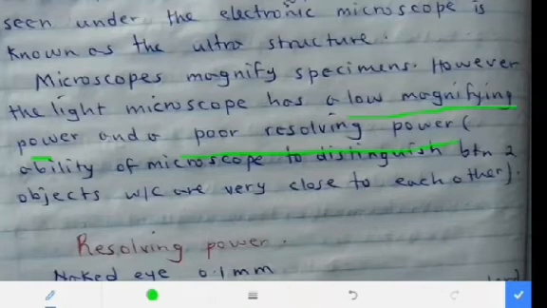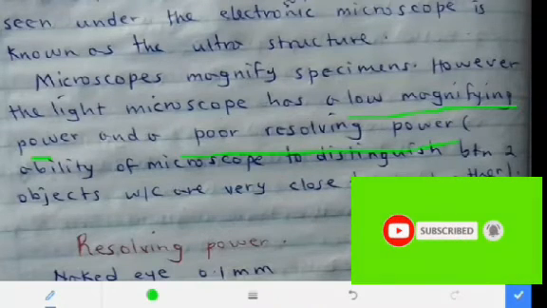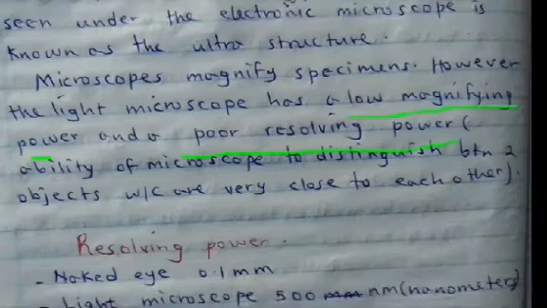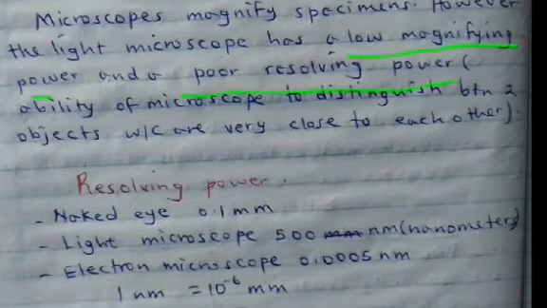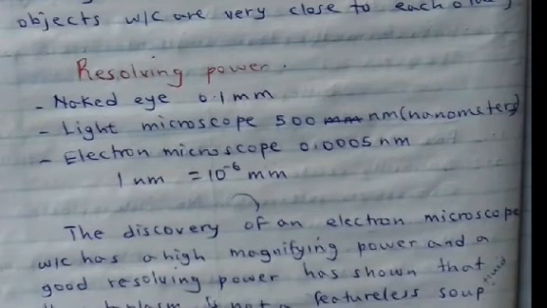If an object is combined with another or is very close to another, the light microscope cannot easily distinguish them. But the electron microscope has the ability to magnify and distinguish them.